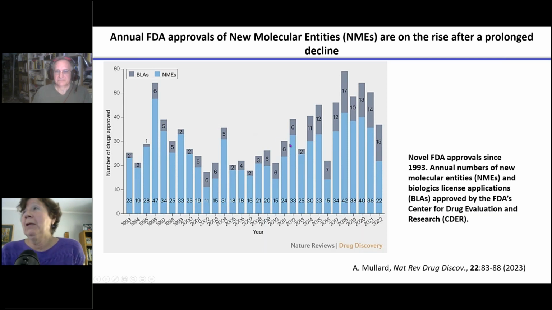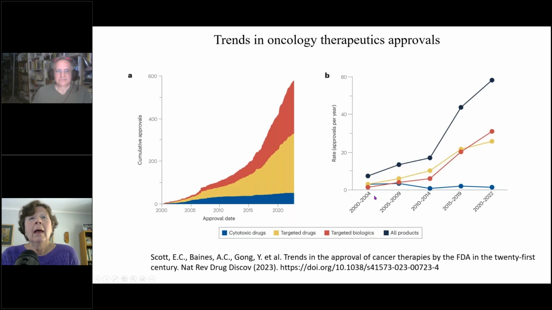This is the graph that I meant to show. This is the decline, and this is what's happening right now. We see the increase, and it is particularly noticeable when we talk about anti-cancer drugs that have been on accelerated discovery slopes for the past decade, both for biologics and for small molecules.